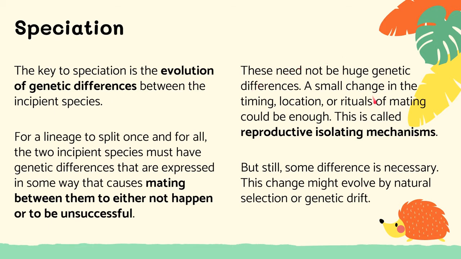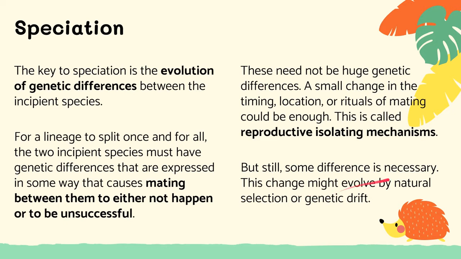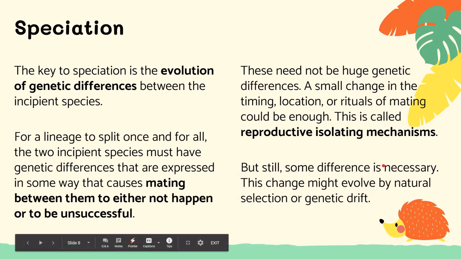Or even rituals, dance, or song. Differences in their songs are enough to trigger this speciation. But still, some differences are necessary. This change might evolve by natural selection or genetic drift, and we've discussed this thoroughly in the previous video.